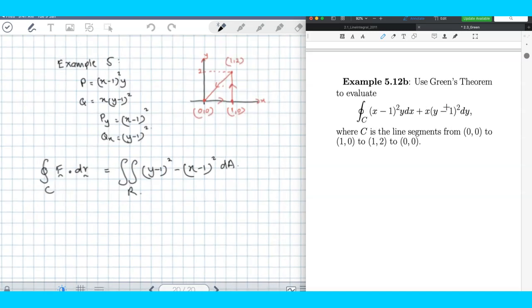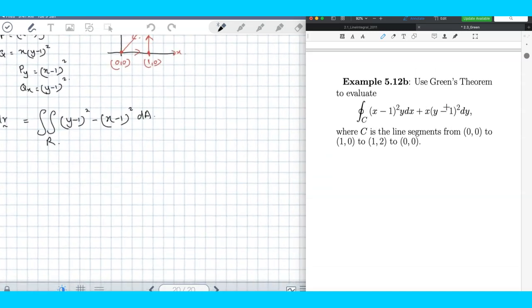So it looks like you need to expand the given expression. y squared plus 1 minus 2y, minus x squared plus 1 minus 2x, so you get y squared plus 1 minus 2y minus x squared minus 1 plus 2x.